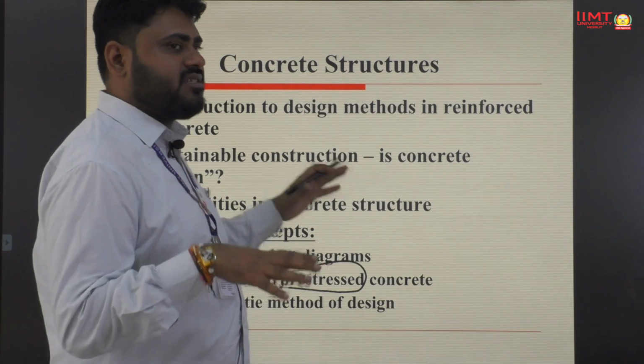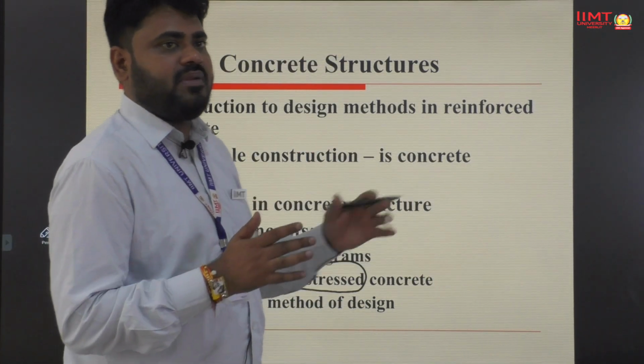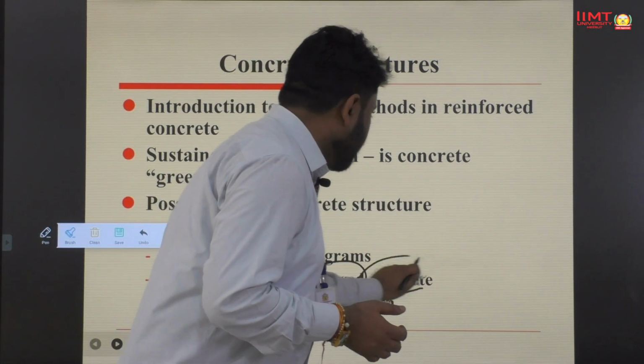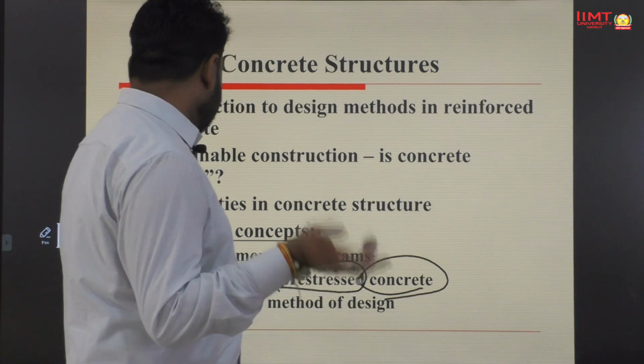Then we have the pre-stressed member. We also say post-tension member and pre-tension member. What is the meaning? This type of concrete is made on the industrial side, and we make such concrete on the steel side.